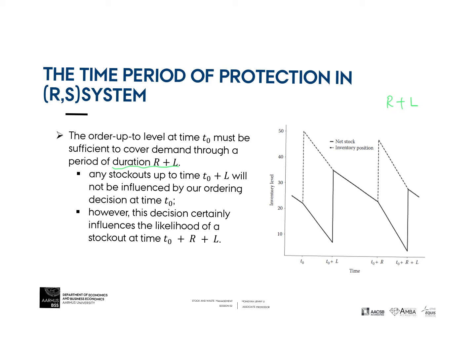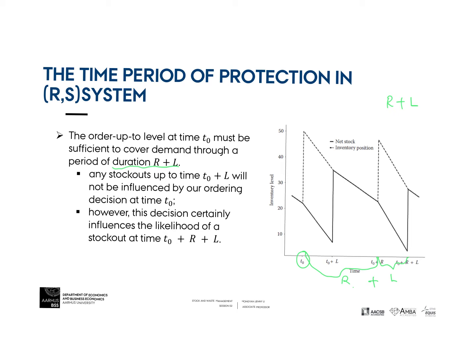The order up to level at T0 must be sufficient to cover the demand through R. Here this is R, and here we have the period of L. You should be able to cover the demand over R plus L time.